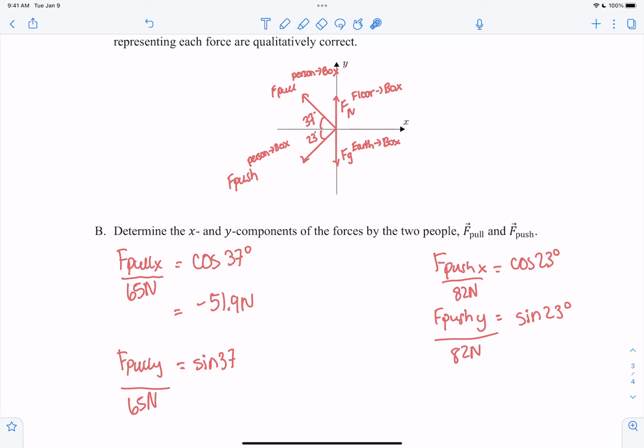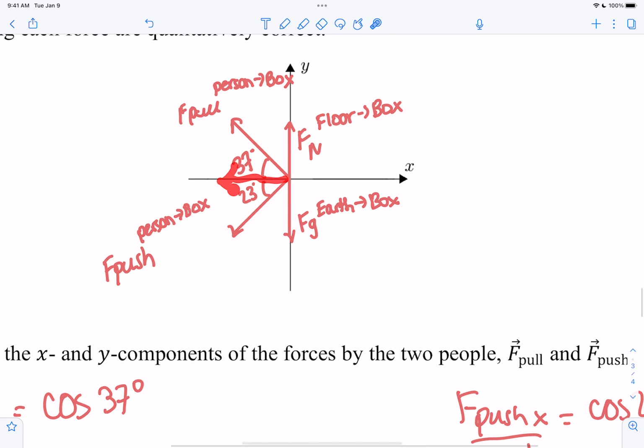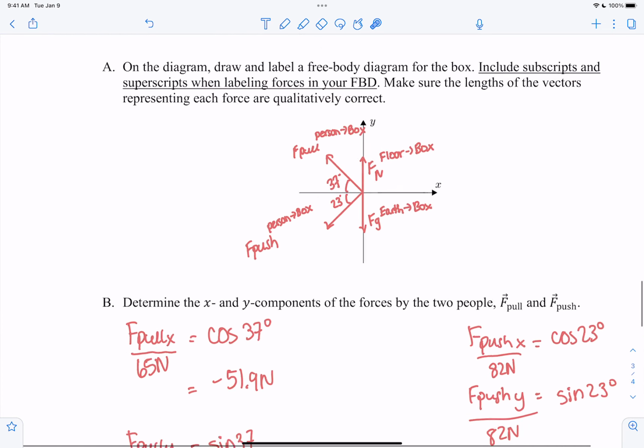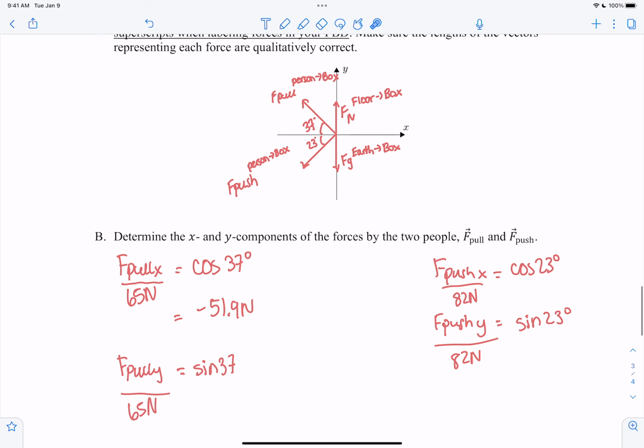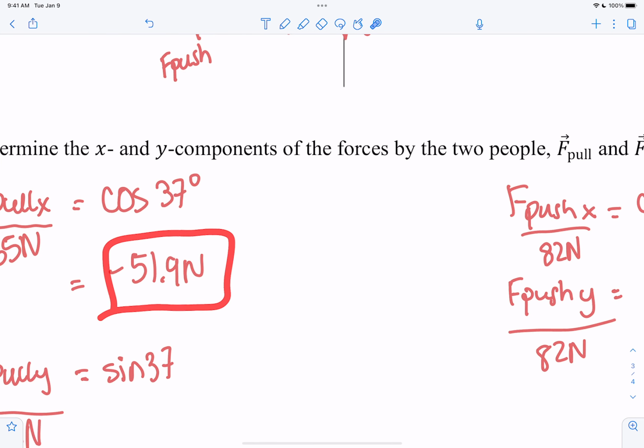Because when we're doing our trigonometric functions, they're only going to give us magnitudes. Now, you have to look at F pull X. F pull X is directed to the negative x direction, so you have to add your additional negative sign there to indicate your direction. So this has to be negative 51.9 newtons, because it's pointing in the negative x direction.